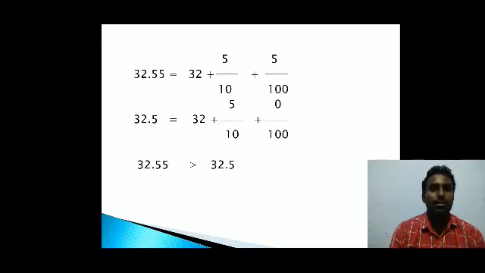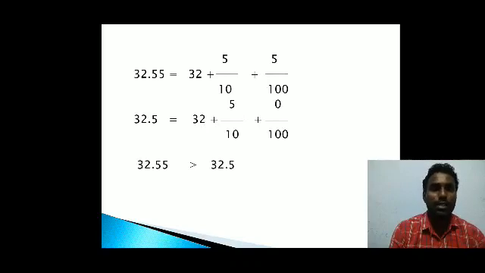The next number we write as 5 divided by 100. So 32.55 is 32 as a whole number, plus 5 by 10 plus 5 by 100.